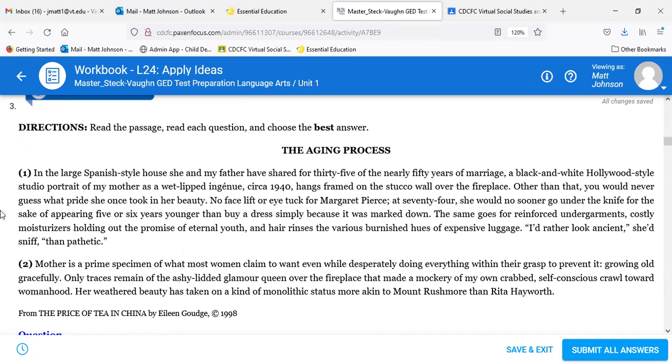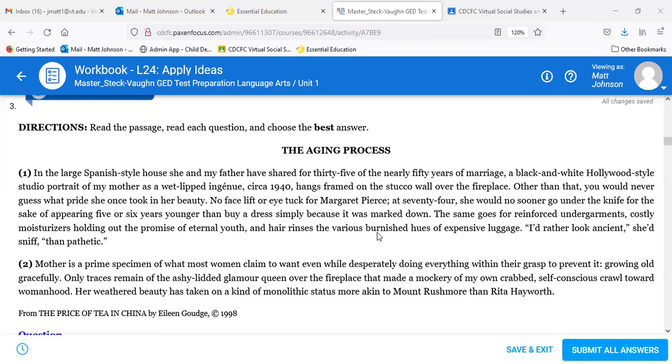In the large Spanish-style house she and my father had shared for 35 of the nearly 50 years of marriage, a black and white Hollywood-style studio portrait of my mother as a wide-eyed ingenue, circa 1940, hangs framed on the stucco wall over the fireplace.